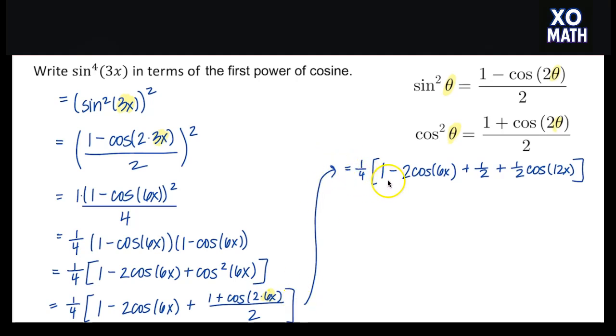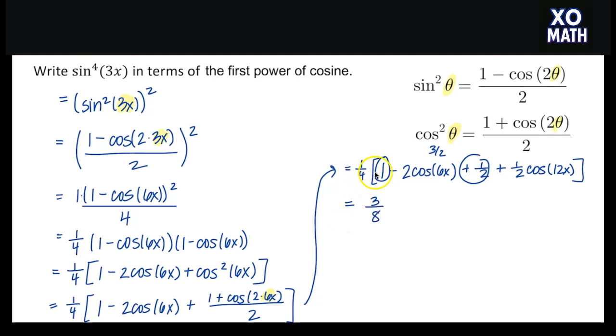And so this 1/4 is going to distribute to all of the terms inside these brackets. So here inside the brackets I have like terms. 1 plus 1/2, that's 3/2. So when we multiply 1/4 times 3/2, that's 3/8. So I'm going to have 3/8.